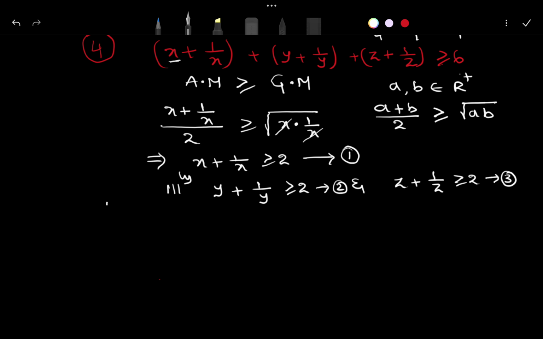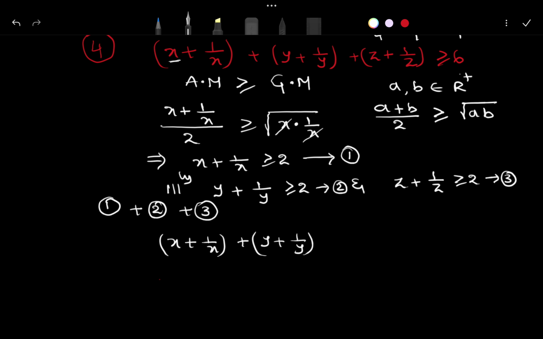Now adding these three results, 1, 2, 3, you will get that x plus 1 by x plus y plus 1 by y plus z plus 1 by z is always greater than or equal to 2 plus 2 plus 2, that is greater than or equal to 6.